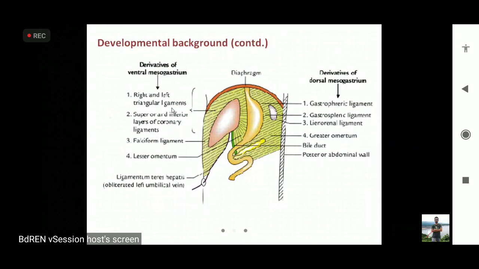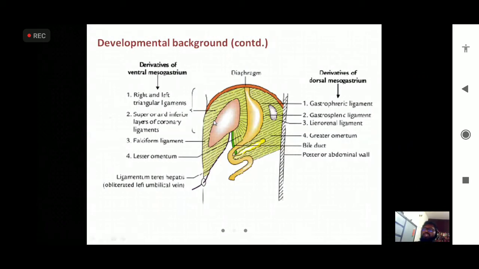That means the triangular ligaments and coronary ligaments of the liver. You know it because I've shown you in detail how the coronary ligaments and triangular ligaments are formed from the diversion of the falciform ligament. I have shown you, right?